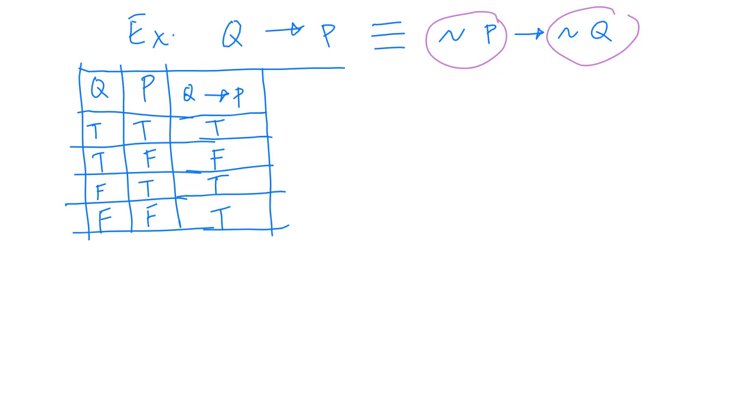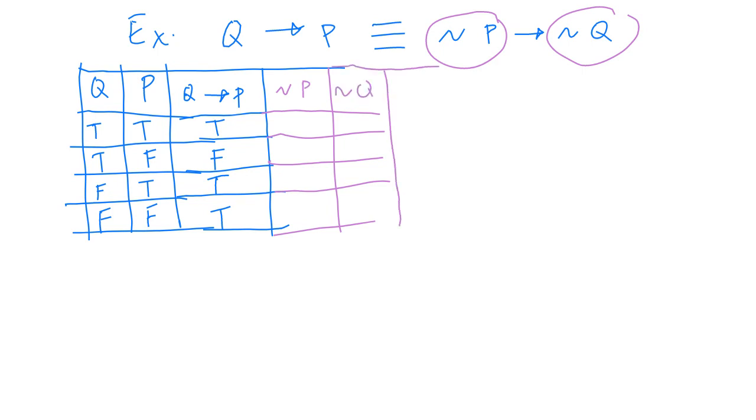So we will extend this, and then we will have not P and then not Q. Okay, so not P, you're looking at the second column and take the opposite.